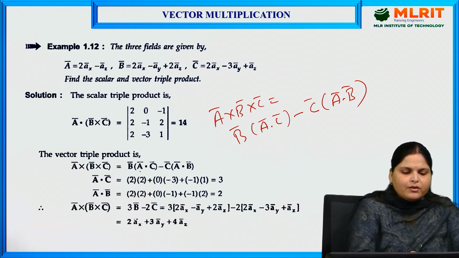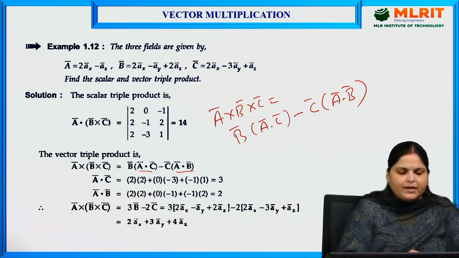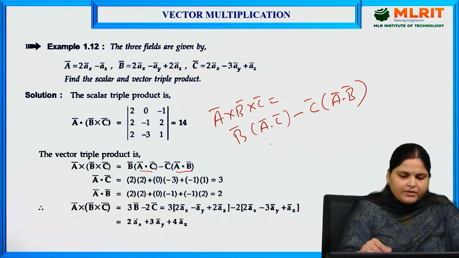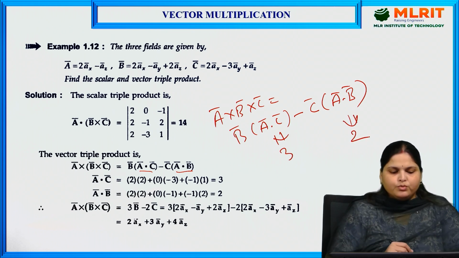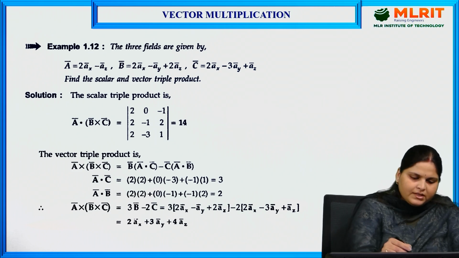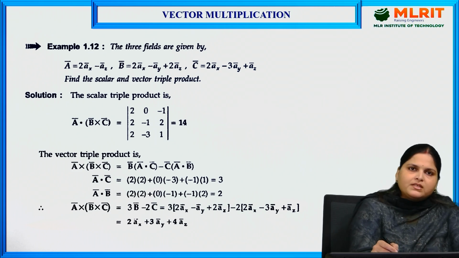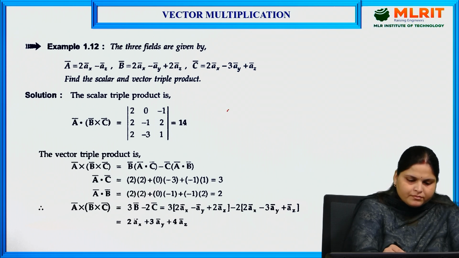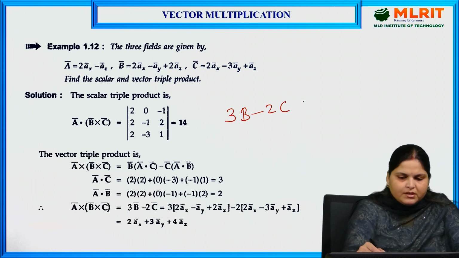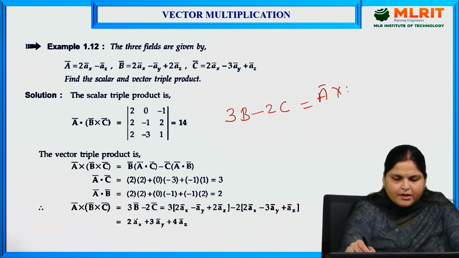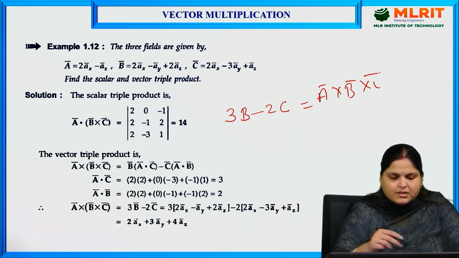First we will calculate A dot C, then we will calculate A dot B. A dot C we are getting as 3 and A dot B we are getting as 2. Right? So this B into A dot C will become 3B and C into A dot B will become 2C. And this is nothing but A cross B cross C.